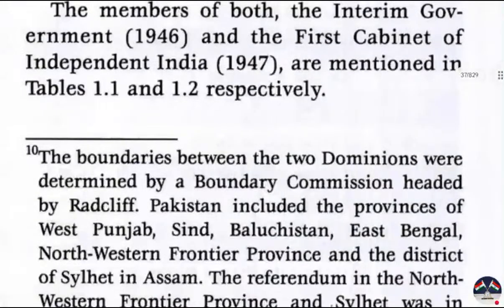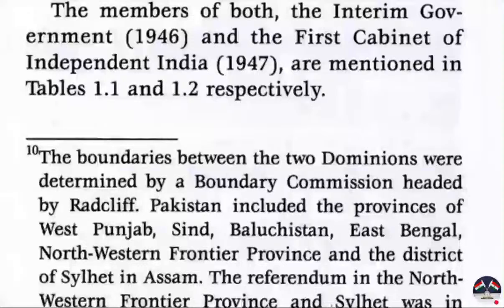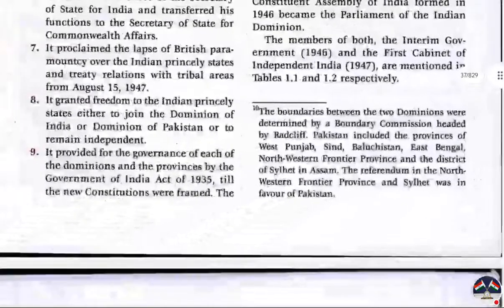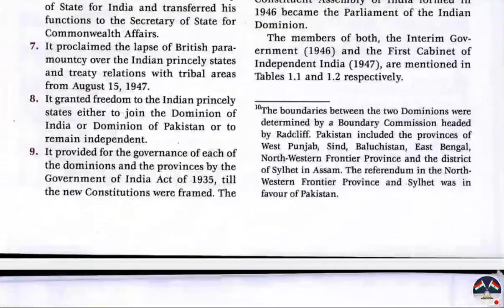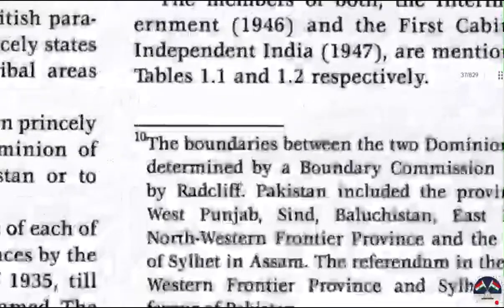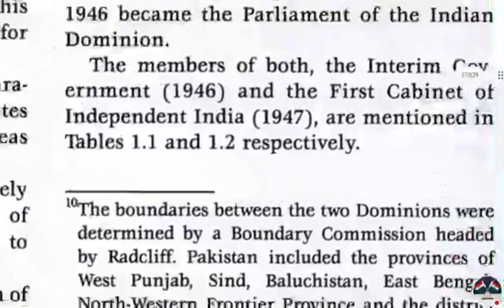The members of both the interim government 1946 and the first cabinet of independent India 1947 are mentioned in table 1.1 and table 1.2 respectively. So when we discuss these tables, we'll know deliberately.